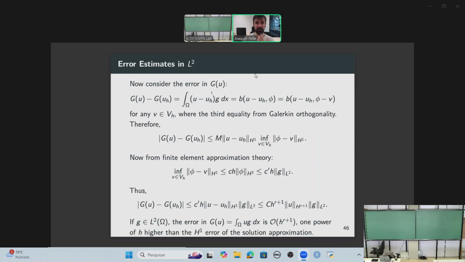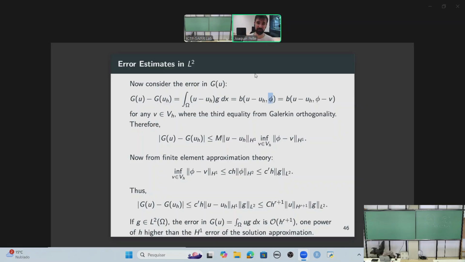And if we consider the error now in the approximation, the functional evaluated on the function u minus the functional evaluated on the finite element solution, this by definition we can write in this way, which is essentially also by definition b applied to u minus uh times phi.